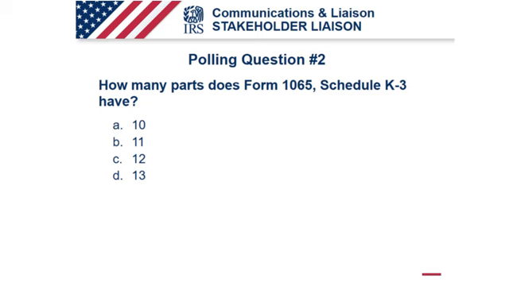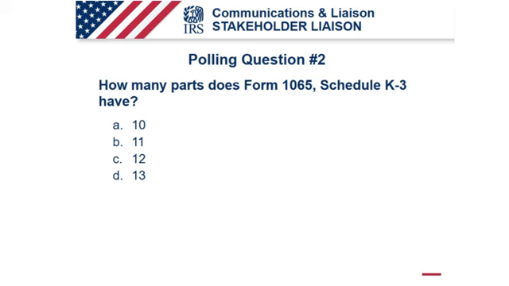And this question reads, how many parts does Form 1065 Schedule K-3 have? And your options are A, 10, B, 11, C, 12, or D, 13. Now I will read that again just to make sure everybody has time to hit the pop-up and answer the question.